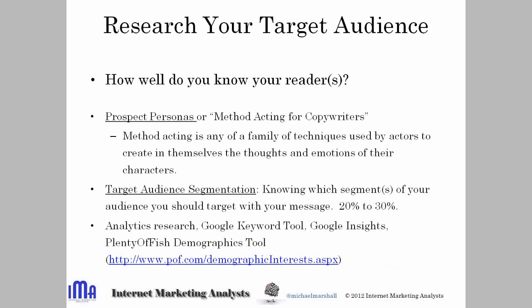But you really do need to do this so that when you're writing, you have someone in mind with real thoughts and emotions and characteristics, and it will reflect in how persuasive your copy is when that person comes to visit. Don't try to write a piece of copy that pleases everybody. Write specific pages that will be appealing to certain segments of your audience, and you do a lot better.